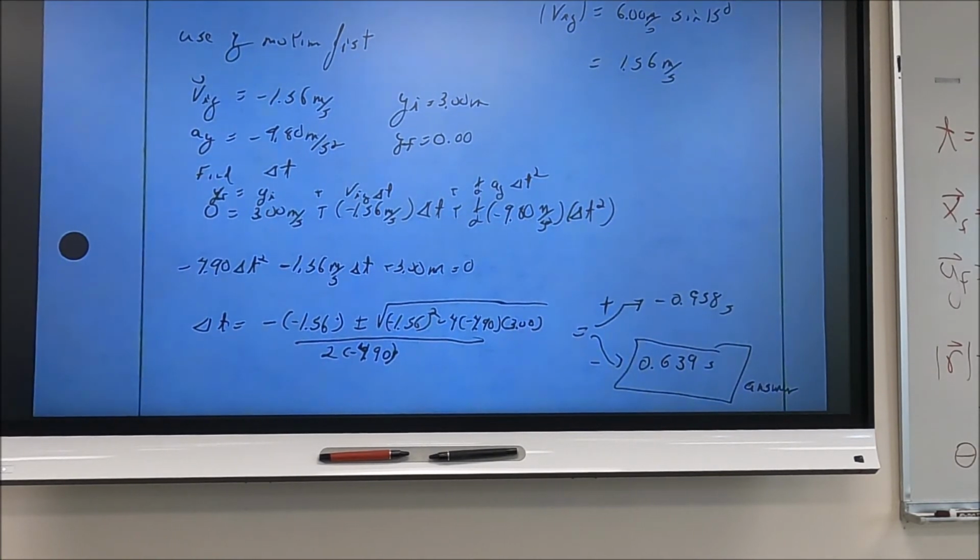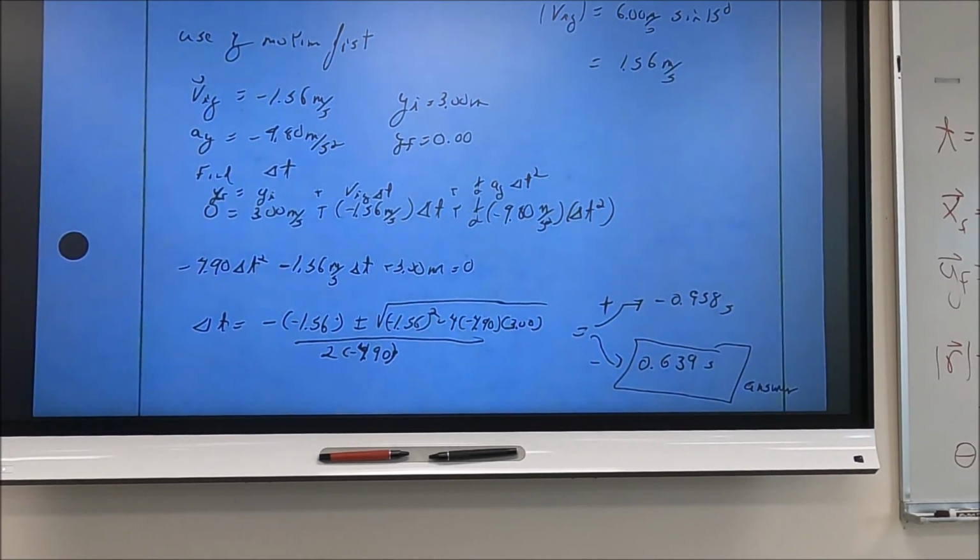So if I look at the y motion first, I know velocity initially in the y direction equals minus 1.56 meters per second. It's negative because we know that velocity vector is pointing down. Y initial is 3 meters, y final is 0. The ay is minus 9.80 meters per second squared. So I want to find delta t.